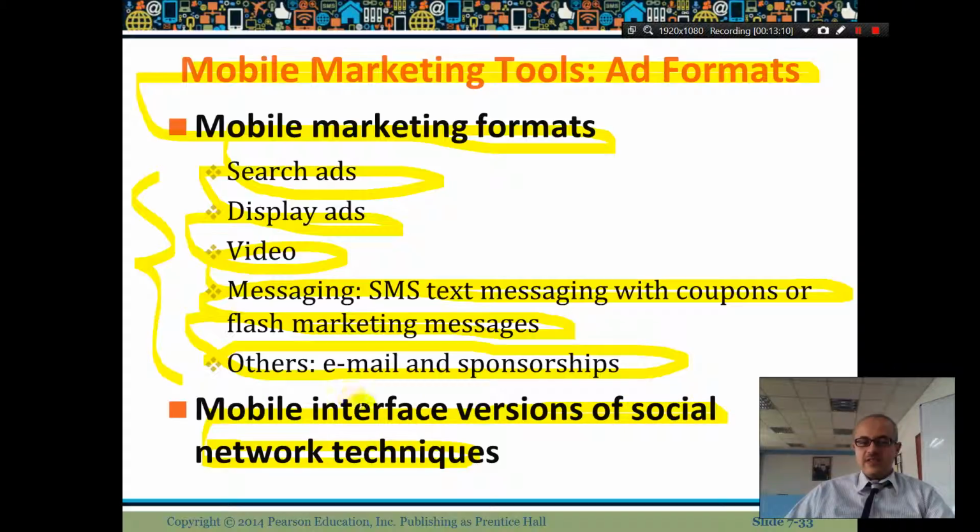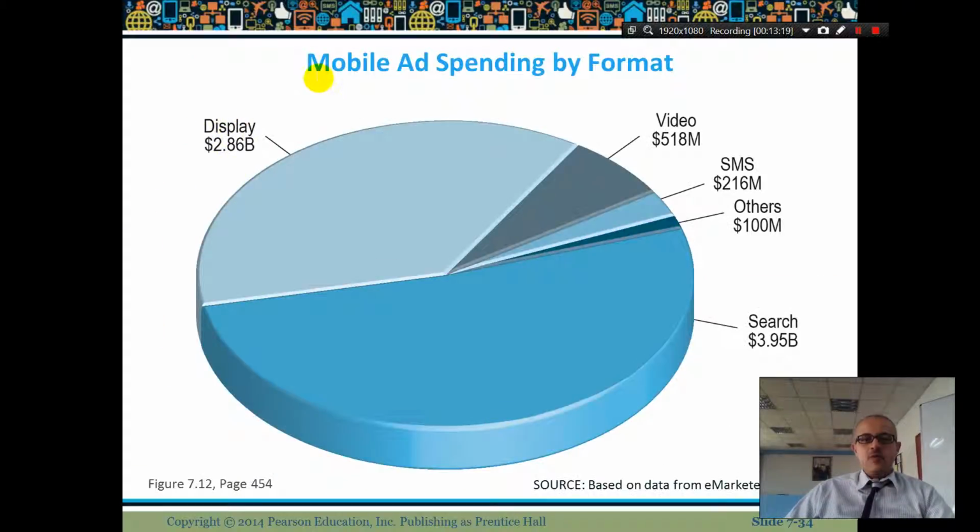There's a lot of interfacing between mobiles and social networks. Many times you see apps that will tell you like on Facebook. And mobile ad spending by format: display is 2.8 billion, videos 500 million, then SMS, others, search.